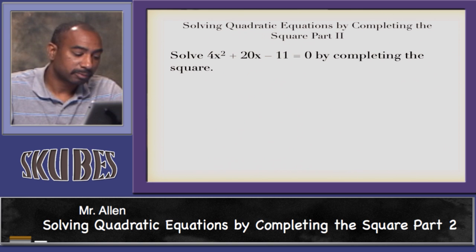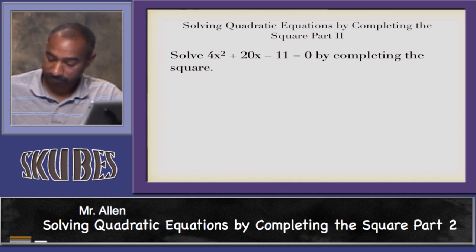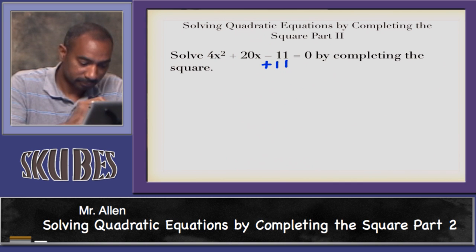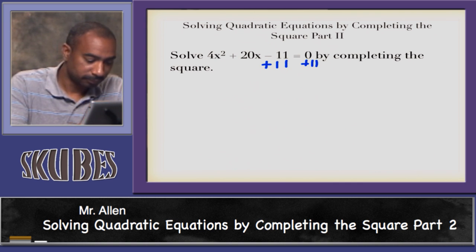All right, solve 4x squared plus 20x minus 11 equals 0 by completing the square. First of all, this is in standard form. So what you're going to do is move the 11 to the other side. So now we got 4x squared plus 20x equals 11.